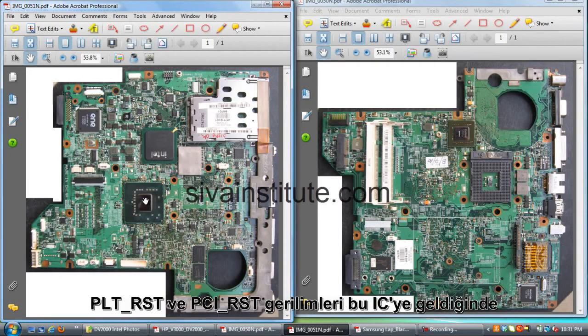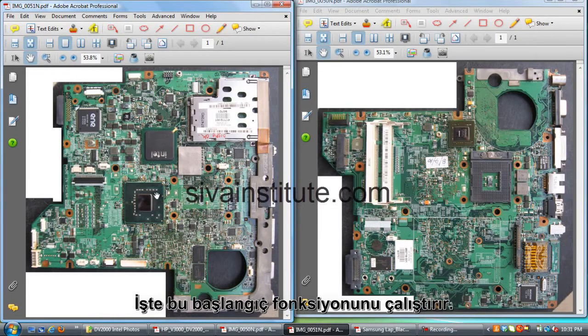When this IC is okay, when this PCI reset or PLT reset 3.3 volts is received by this IC, it starts this function. Then when this IC is good, it releases H power good, that means host power good voltage, 3.3 volts released to the CPU. CPU will start that function.